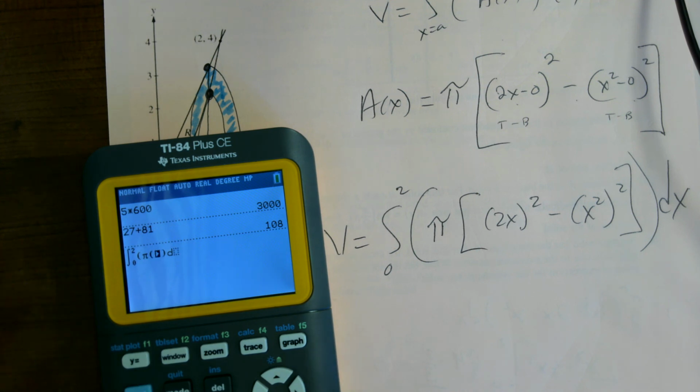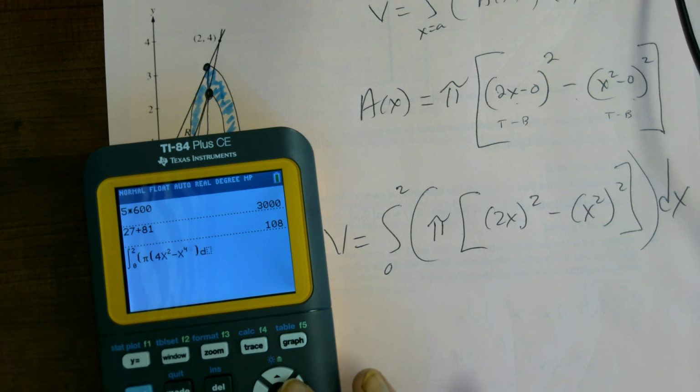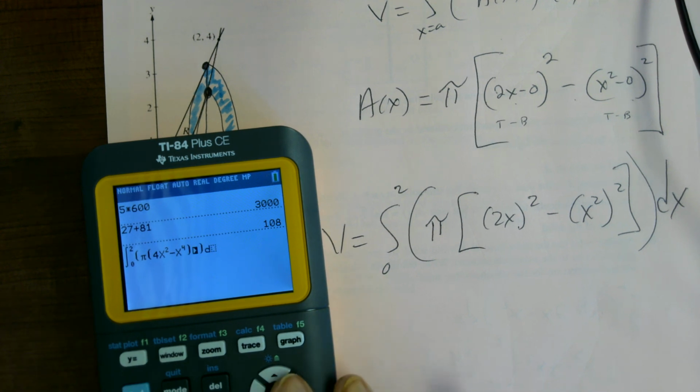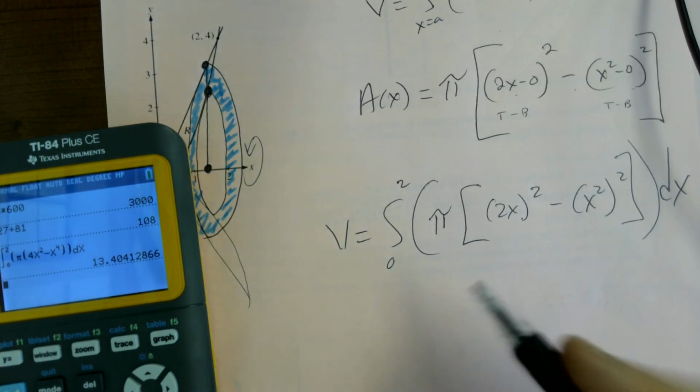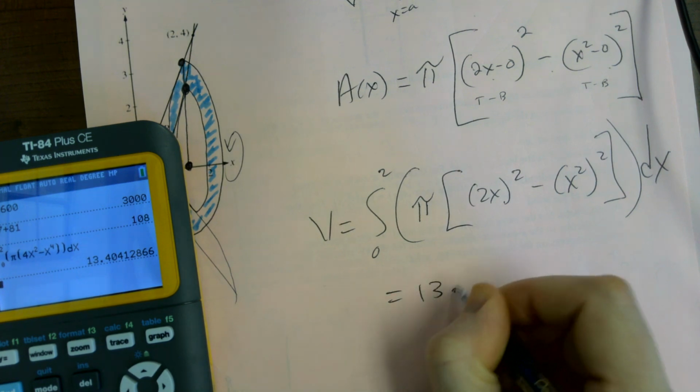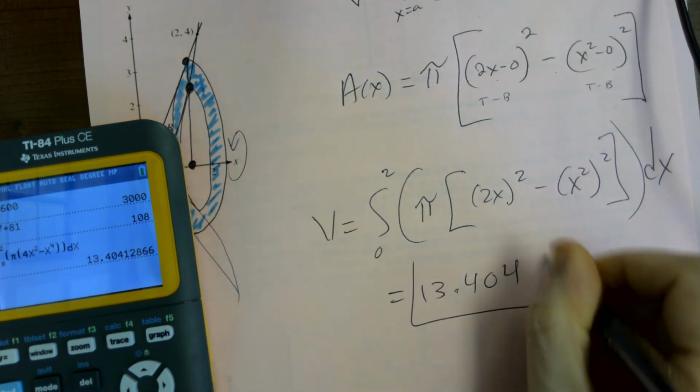Now 2x squared is just 4x squared, so I'm plugging it in like that, minus x squared squared, which is just x to the 4th. But if you're afraid you might make a mistake doing something like that, then just type it in exactly as it is on your paper. 13.404.